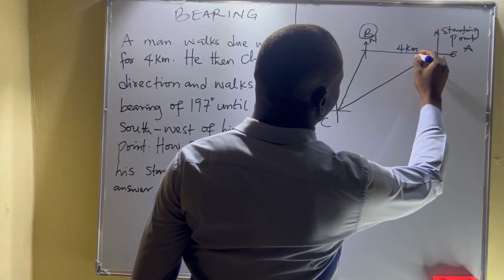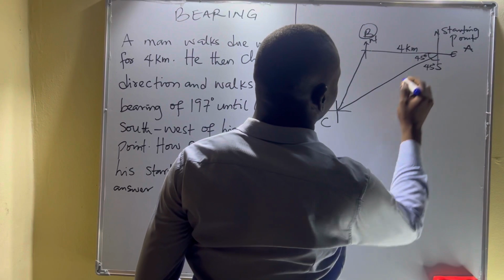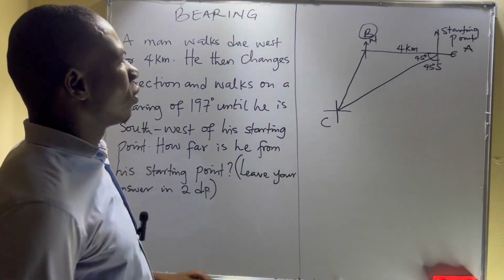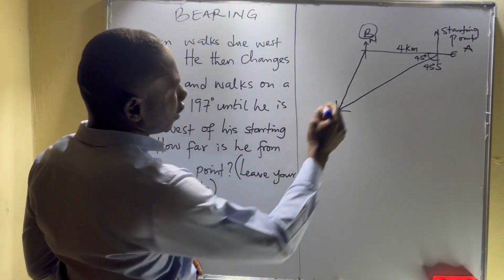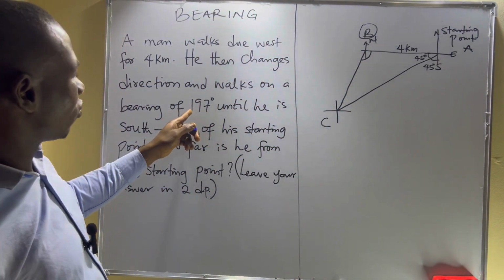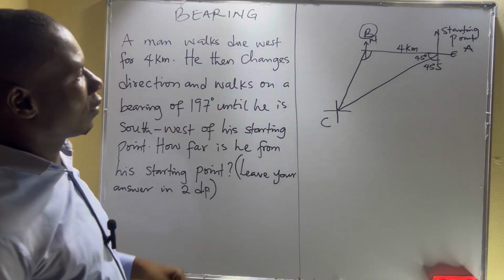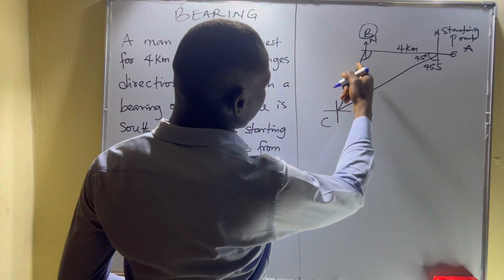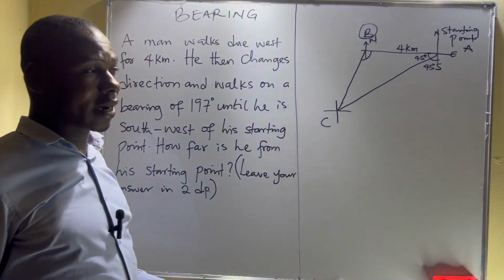This one is equally 45 degrees. Now watch for the angle here. Remember, this bearing is 197, from the north to this point C is 197.